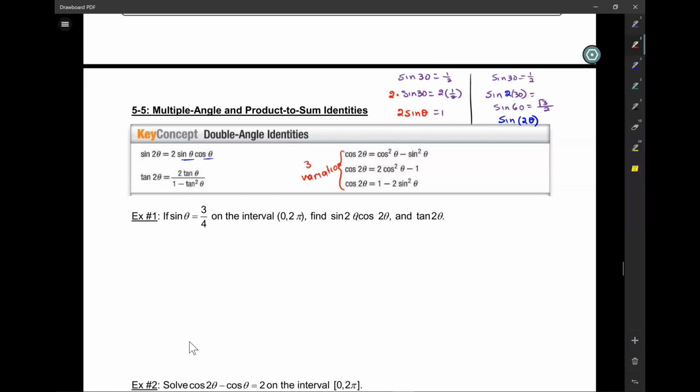They're all equally as correct and they're all equally as useful. Which one you use could be up to you. Sometimes you don't even have a choice. It's just based on what you are given in the moment. All right, let's take a look at this.